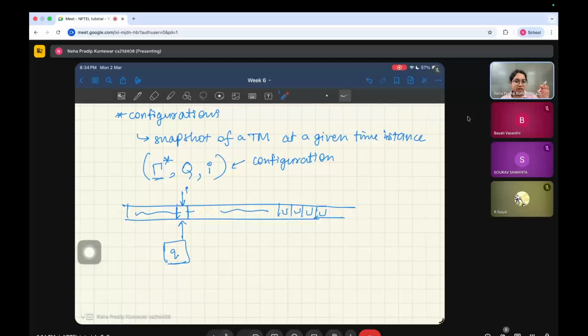When you draw these configurations, this is what you mean: this is the entire tape content, this is the state, and this is i. Okay, all right, fine.